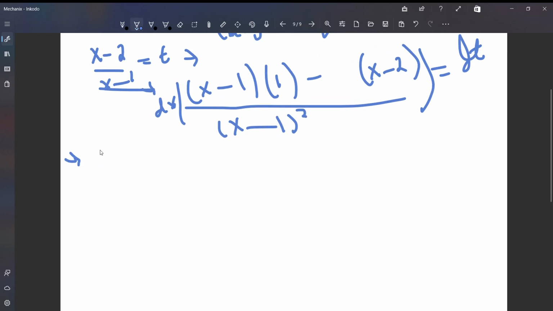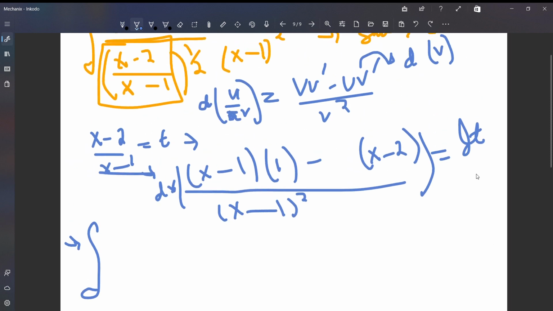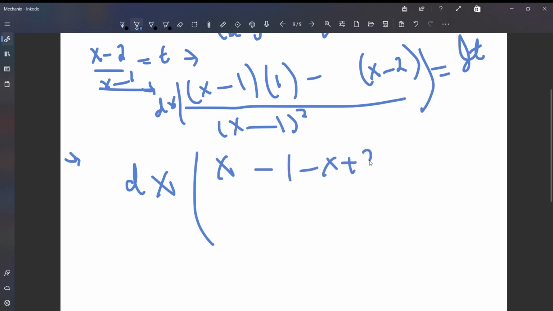So integral of dx, I'm sorry, not dx, dx will be opposite of this. So x minus 1 minus x plus 2 over x minus 1 whole square equal to dt.